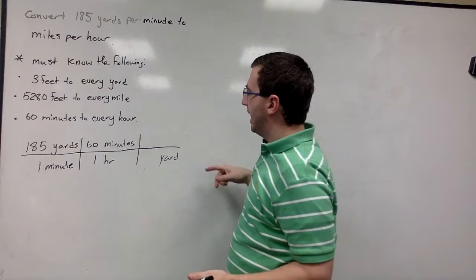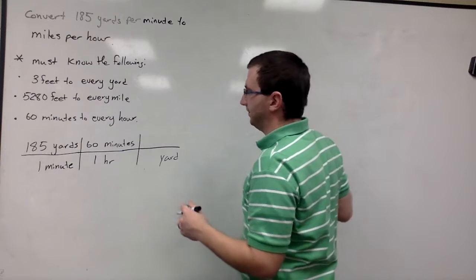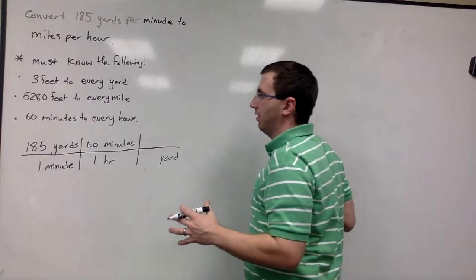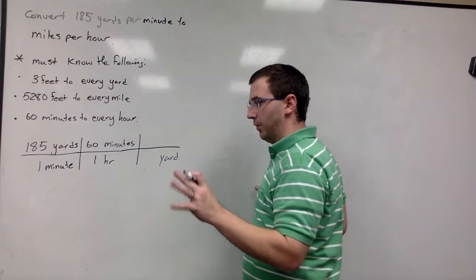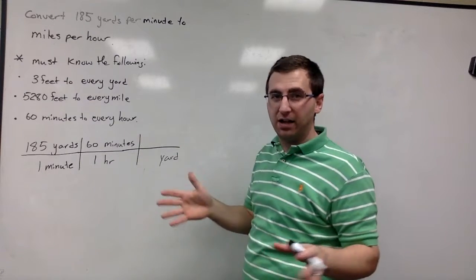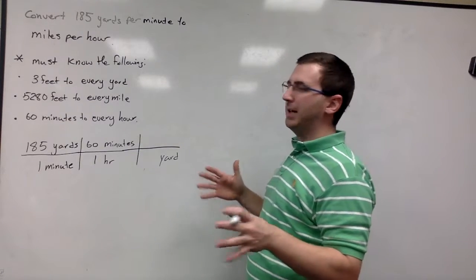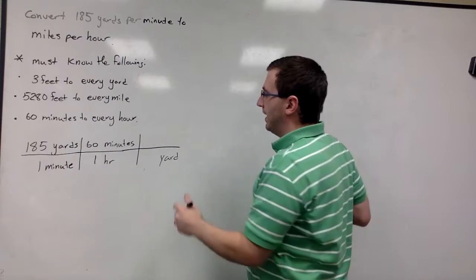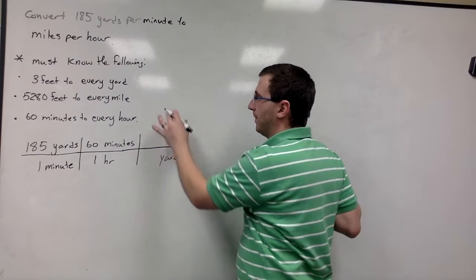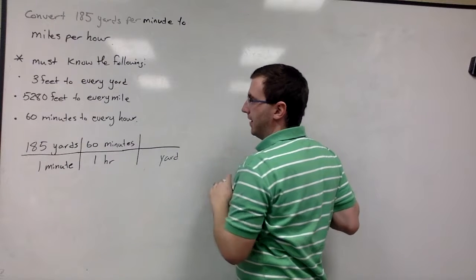Now we know that there are a certain amount of yards in 1 mile. You can figure that out, but for me, I like to play it safe. Now we know that for every yard, there's 3 feet to it.